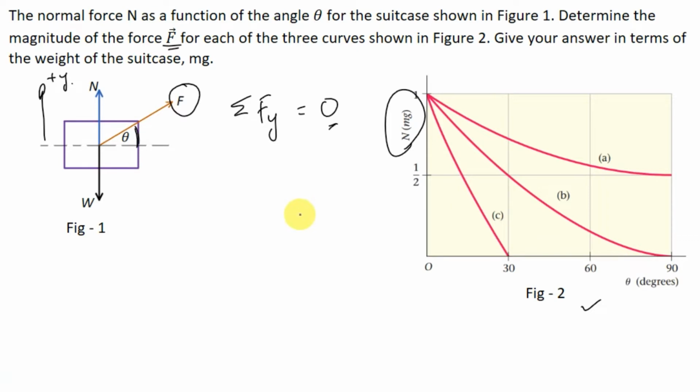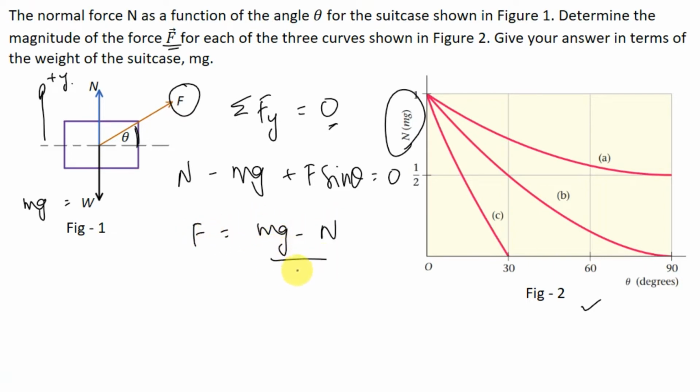In the y direction we have the normal force N, then the minus mg force, this is the weight force mg, and the component of the force F in the vertical direction is plus F sine theta, and this equals 0. Now from here we can solve for F, and the value of F will be equal to (mg minus N) over sine theta.